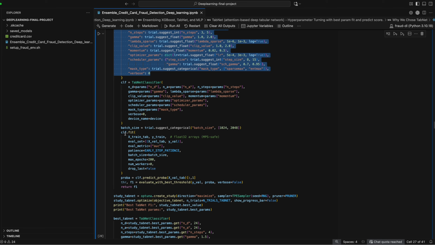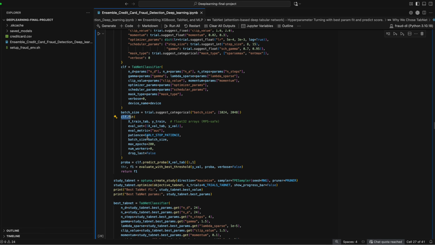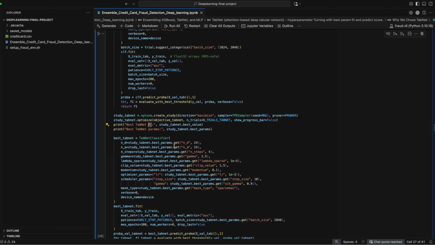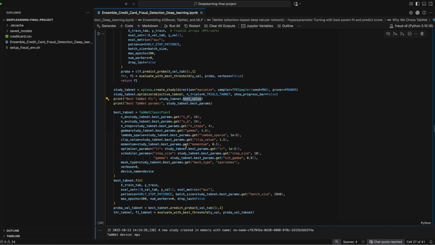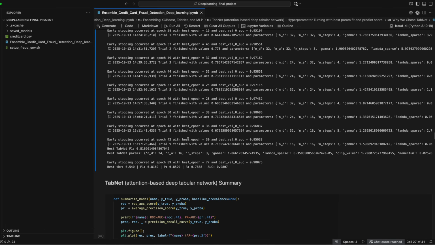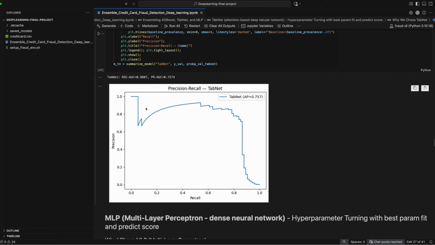Again, you do a fit on those particular feature sets and do the studies based on the number of trials that I've mentioned, try to get the best F1 score for that and predict, and then you get these results, and this is how it looks.